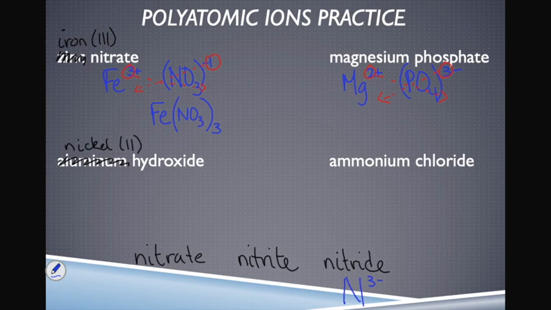Okay, formula time. Mg, we need to take the 3 that we crossed down from the phosphate. There it is. And then we have 2 phosphates. That comes from the 2 in the charge on magnesium. PO4 in brackets because we have more than one, and with a 2 on the outside.